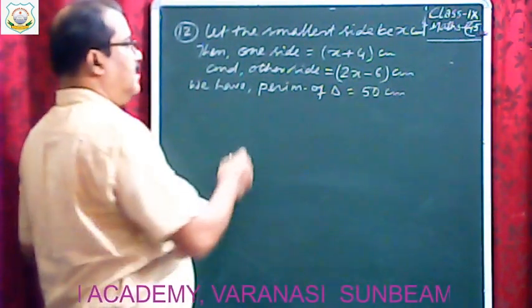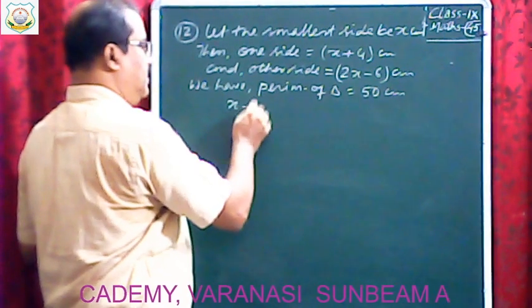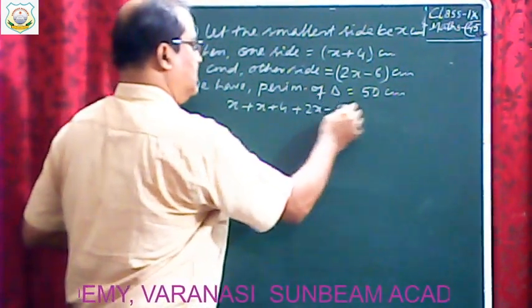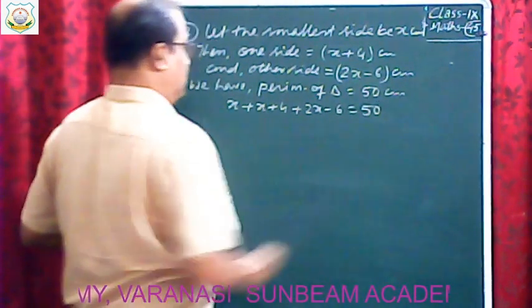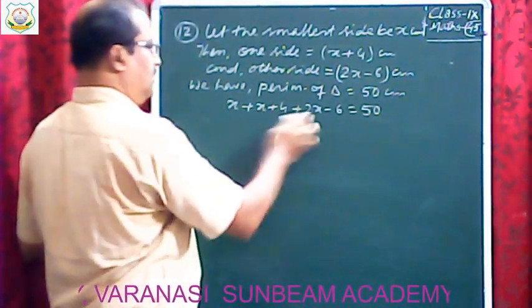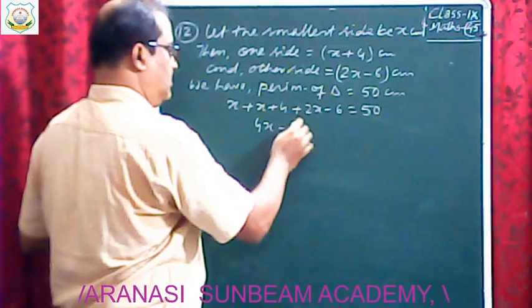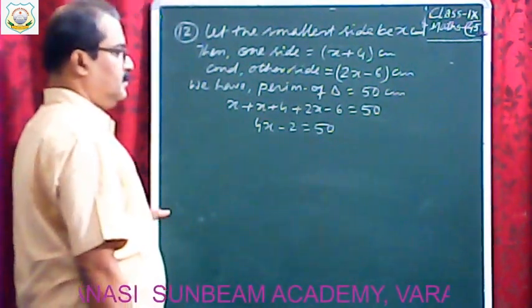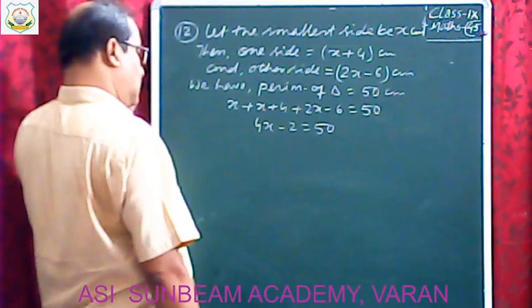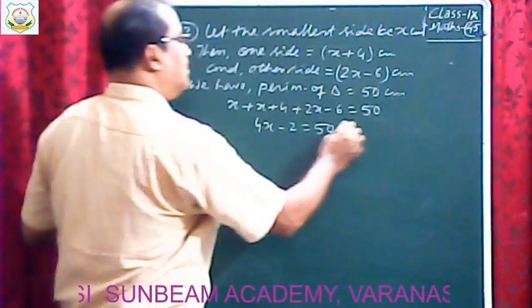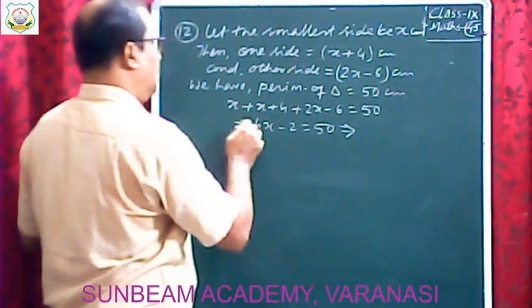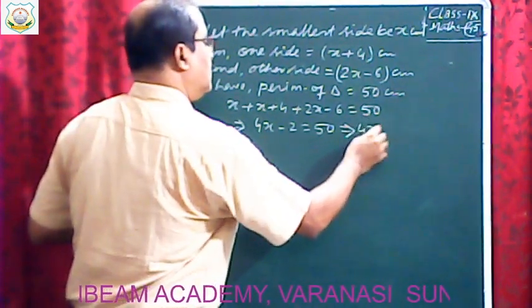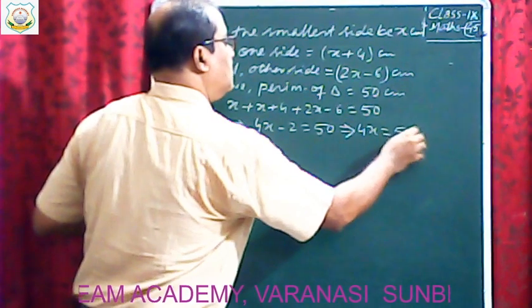So perimeter means sum of all three sides, x plus 4 plus 2x minus 6 equal to 50. x plus 2x, 3x, plus x, 4x, 4 minus 6, minus 2, so 4x minus 2 equal to 50. Okay, then 4x equal to 52.